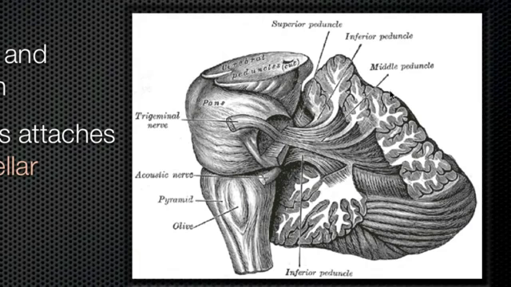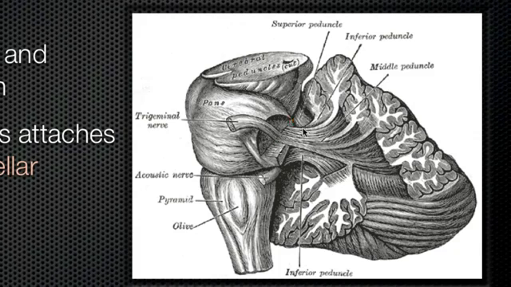You can see here we have the superior peduncle, and this is pointing out one of the superior peduncles. Then we have the middle peduncle, so that would be these fibers here. And then we have the inferior peduncles, which would be beneath the middle peduncles. You can see one here and one over here. So we have these three pairs of peduncles, the superior, middle, and inferior peduncles, and those connect that cerebellum to the brainstem.